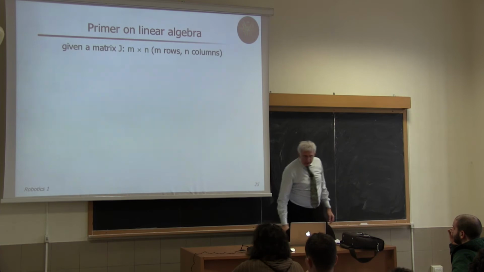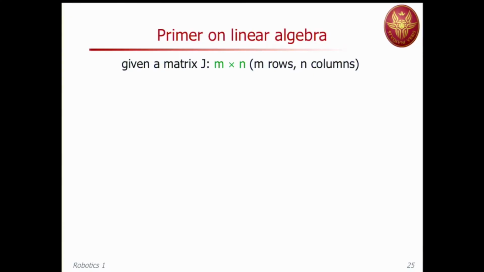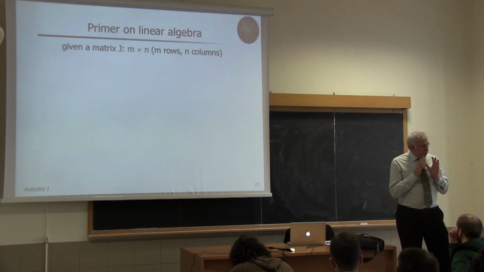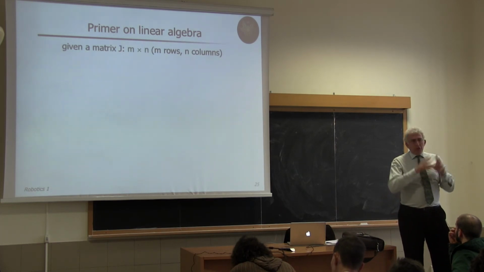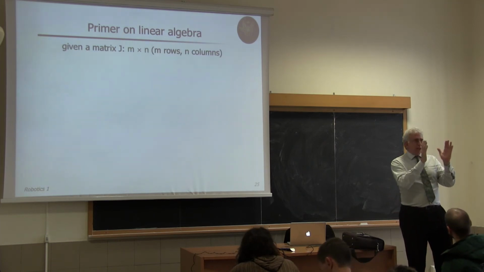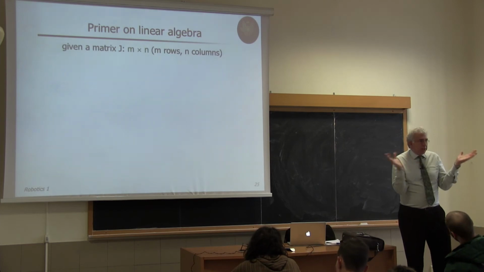Okay. So, I would like to conclude with a small primer on linear algebra. It's something that you should know. Why am I doing this? Because now the properties of this Jacobian matrix change with configuration, but when you take a picture at one configuration, it's a matrix of numbers.